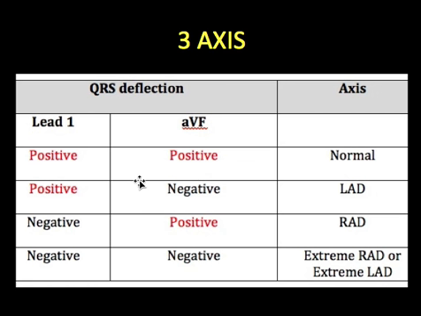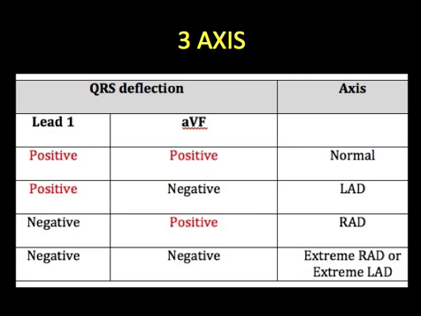So that's left axis deviation. Left leaves, left axis deviation. If the QRS is negative in lead 1, pointing down, and positive in AVF, pointing up, they are pointing towards each other, so right reaches. That's right axis deviation. So just remember how to look for left axis deviation and right axis deviation.